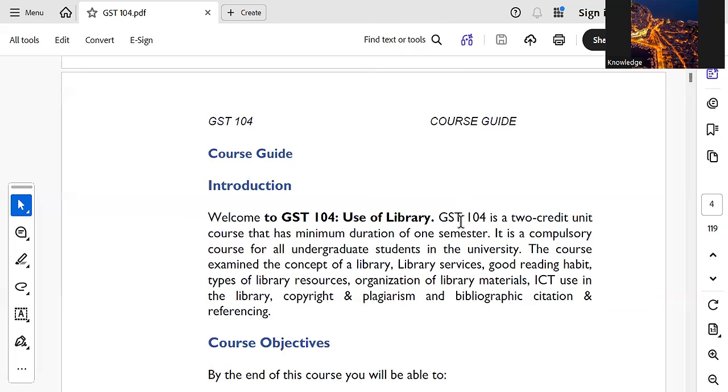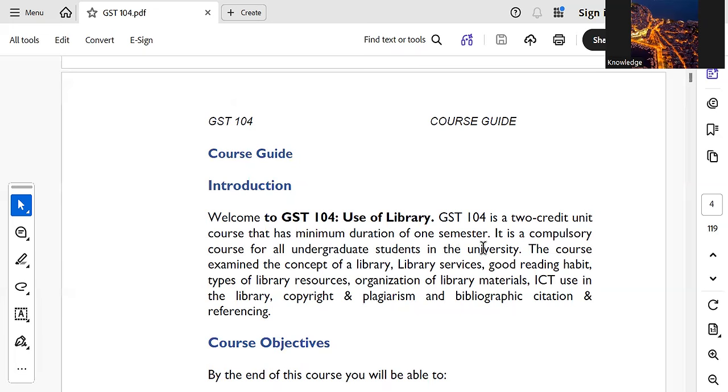So, it is just a semester course. It's not a continuous course like GST101 that has the second version of it, GST102. No, use of library is just one semester course. Once you are done with it in the second semester of 100 level, you are done with it for the rest of your program.